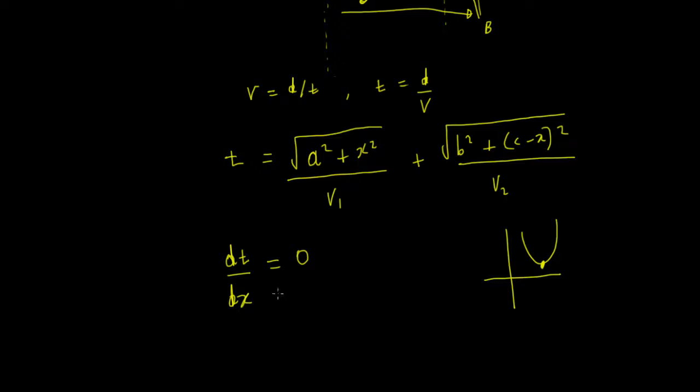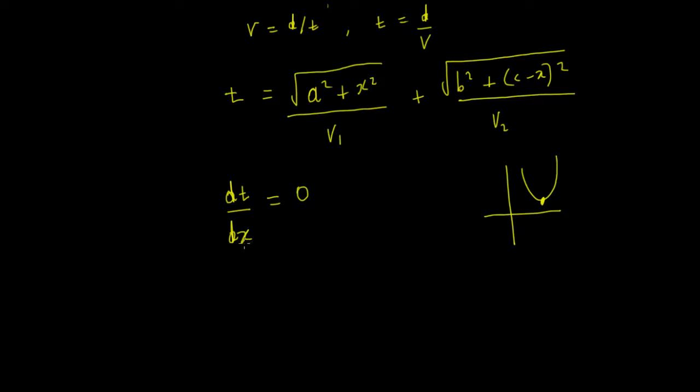So if we then differentiate this with respect to x, for the first part of it we're going to have a half times (a squared plus x squared) to the power of minus a half, and then differentiate what's inside, which is going to be 2x.